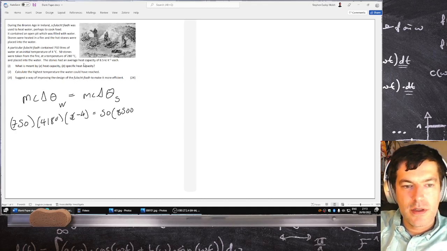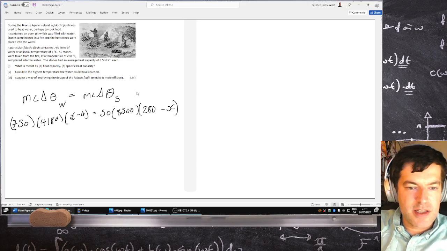Oh, no need for the mass because it's heat capacity, not specific heat capacity. So it's 50 stones, and each stone has heat capacity of 8,500 joules per Kelvin. And how many kelvins are there, or change in Kelvin? It's 280 minus X.